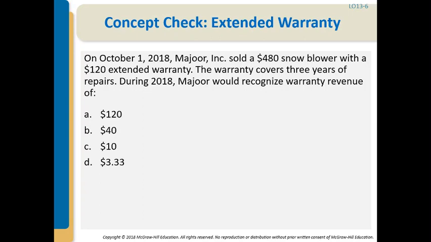So basically, three months out of 36 months is what, 1/12. So you would take 1/12 of $120, so that would be $10, right?